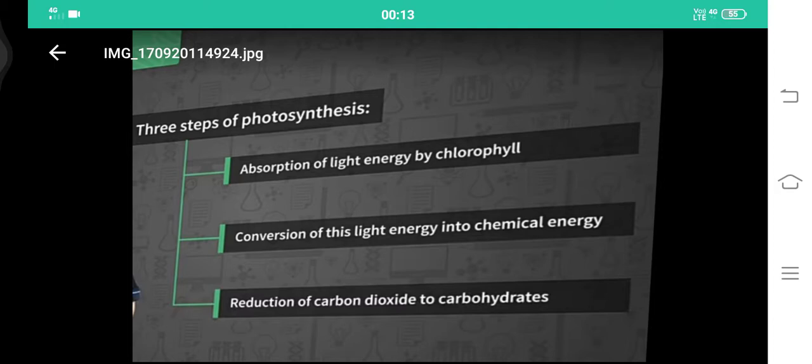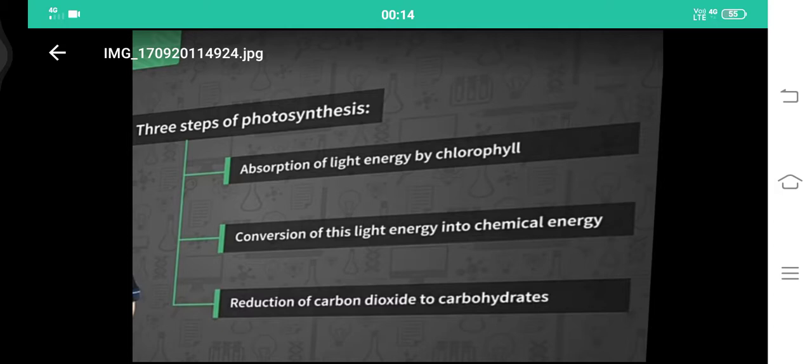Where do we get light? We get light from the sun. Without the sun, the plants are not able to prepare their own food. Why is the word photo used? Because light energy is very essential. So we are using the light energy.